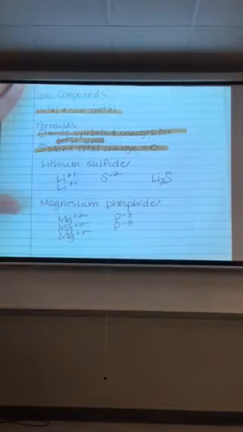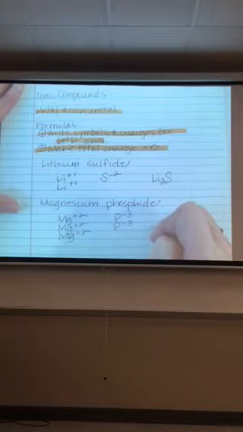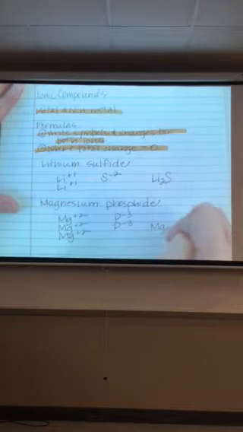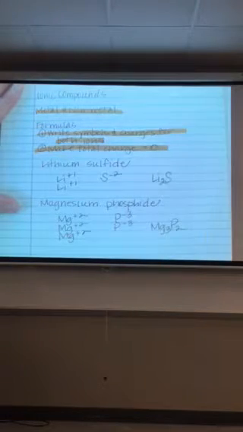How much negative do I have? -6. So does this total 0? Yes, it does. So what's the formula? Mg3P2. Okay, that's how I write the formula for an ionic compound formed from just a metal and a non-metal.